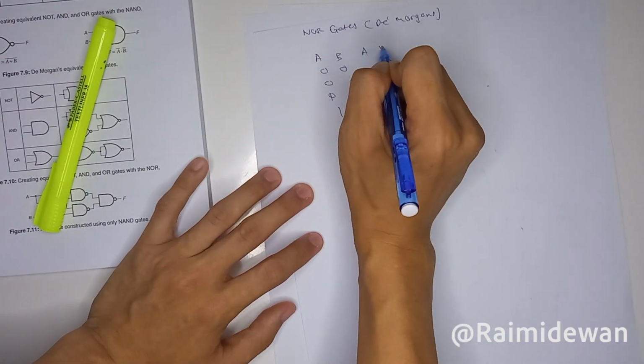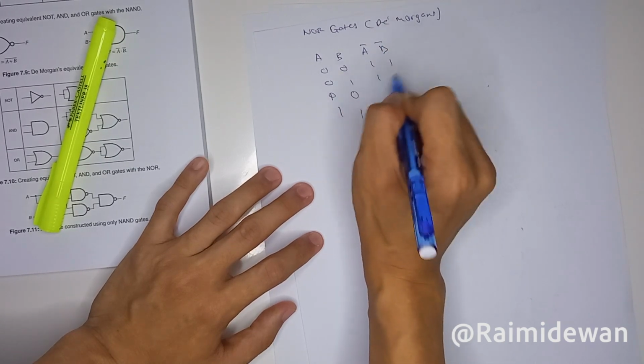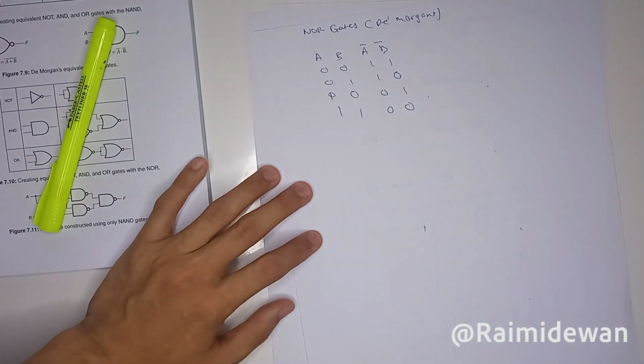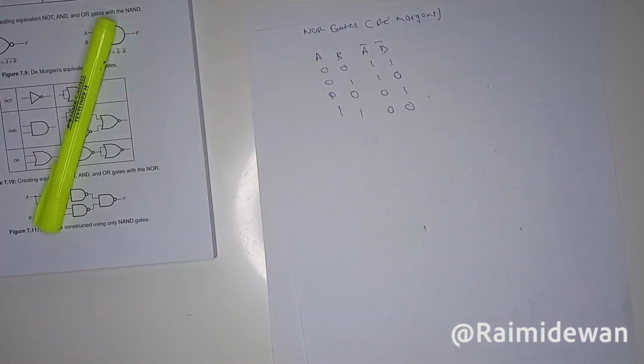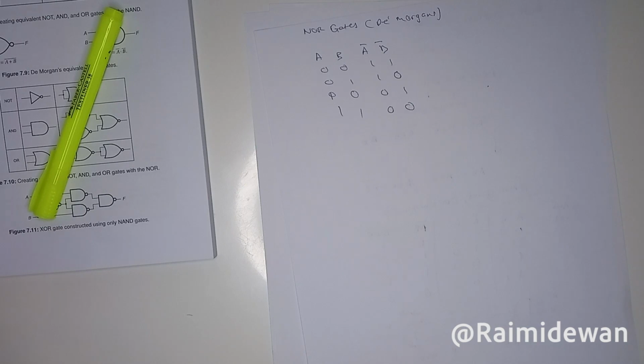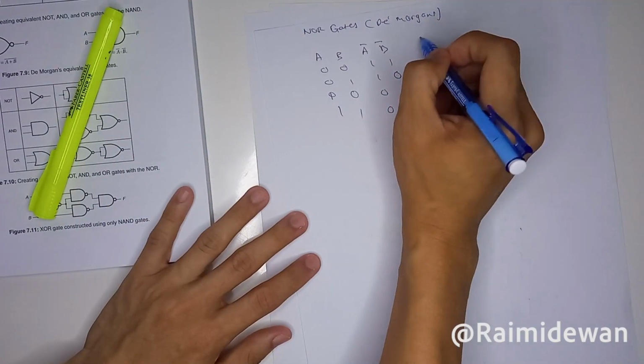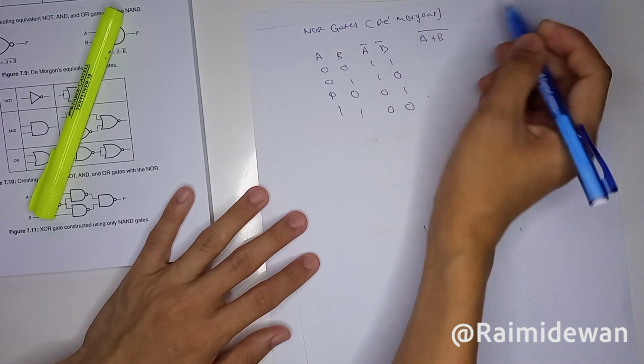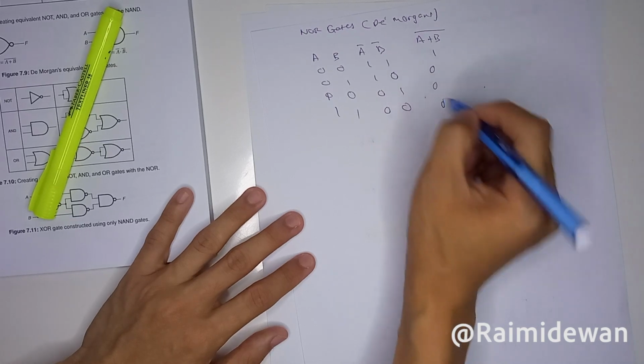And then you invert them to see the possible values. And then for the NOR gate, to have 1 0 0 0.